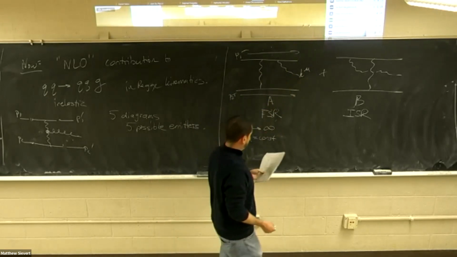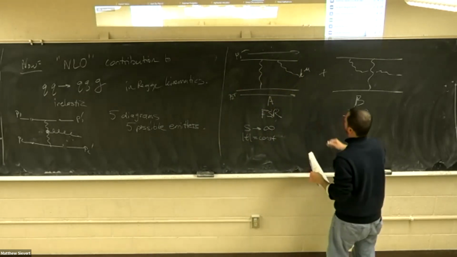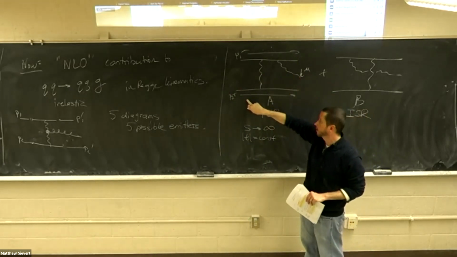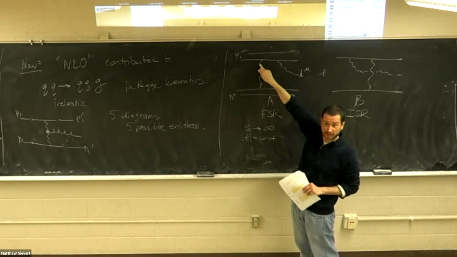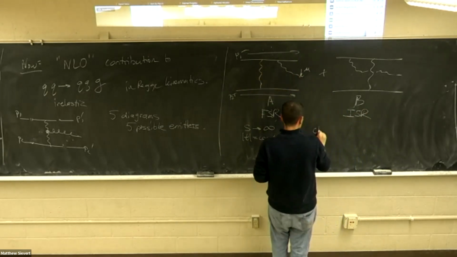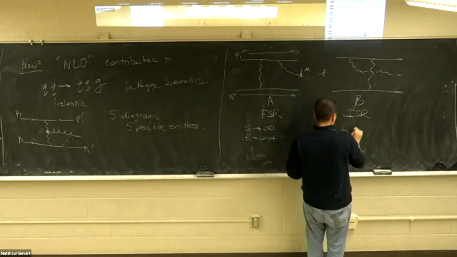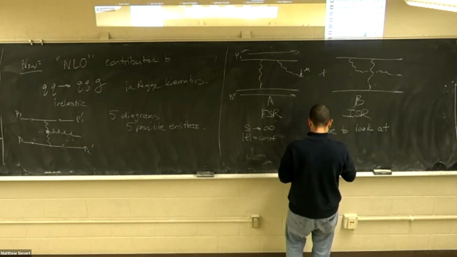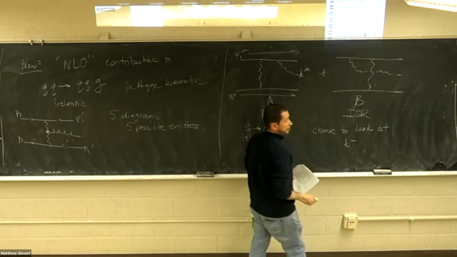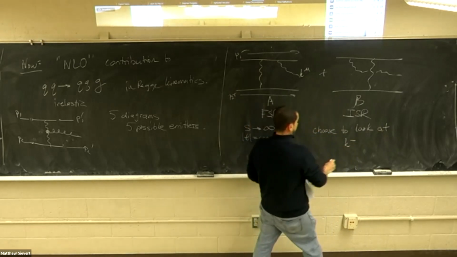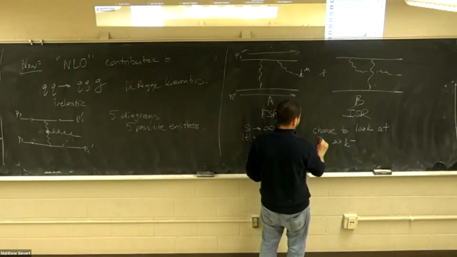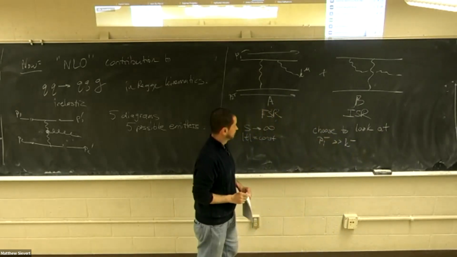And for this, I'm going to work in a particular region where the gluon is soft compared to both the large p plus of the target and the large p minus of the projectile. So I want to choose to look at particle production in the region where k minus, the gluon minus momentum, is very, very small compared to the big minus momentum in the problem, p1 minus.